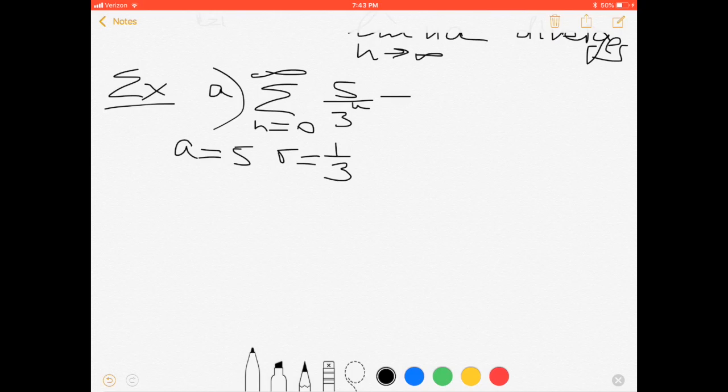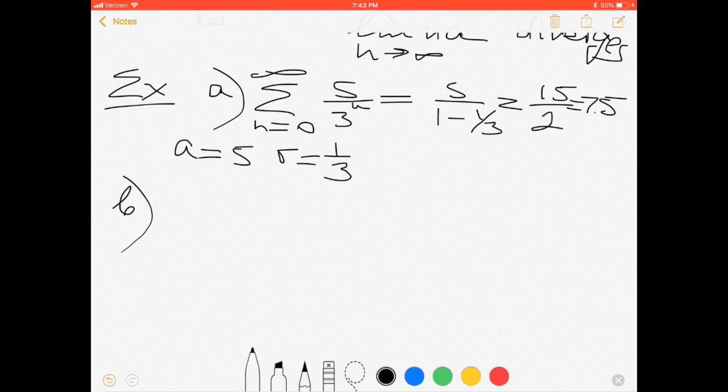This means the series converges and the sum equals 5 divided by 1 minus 1/3, which is 2/3, so it's 15 halves, 7.5.